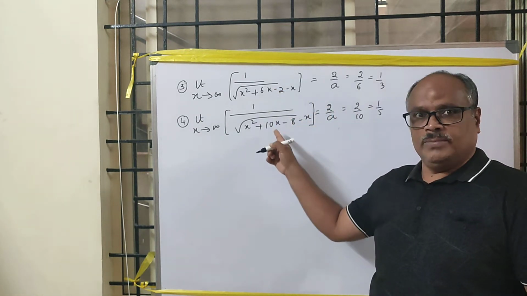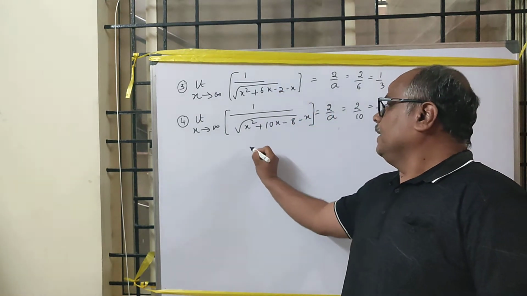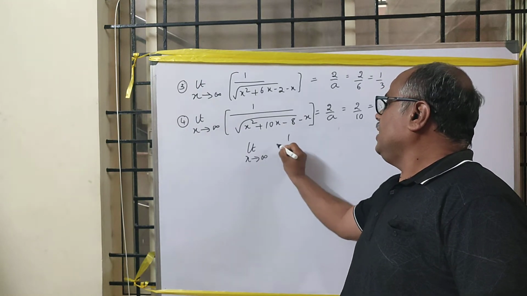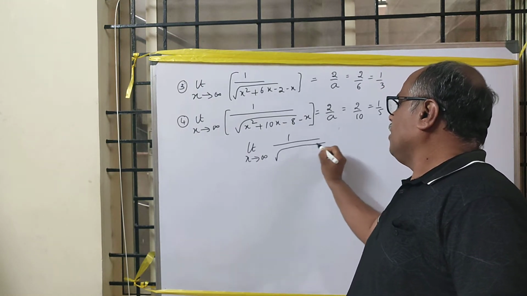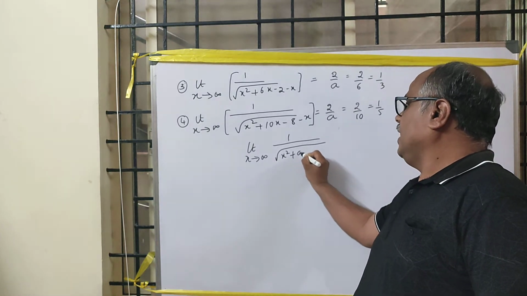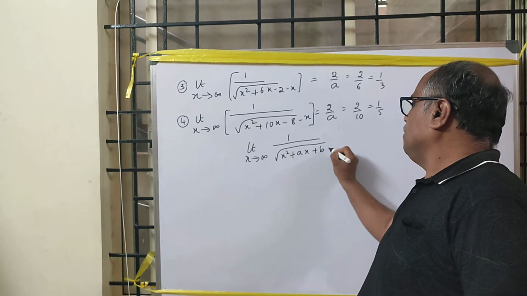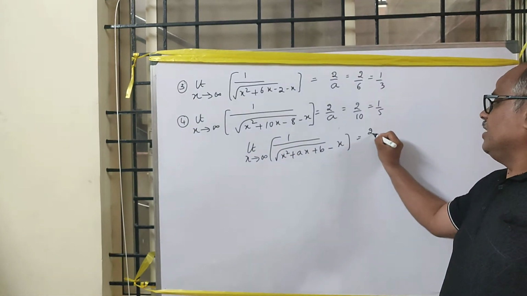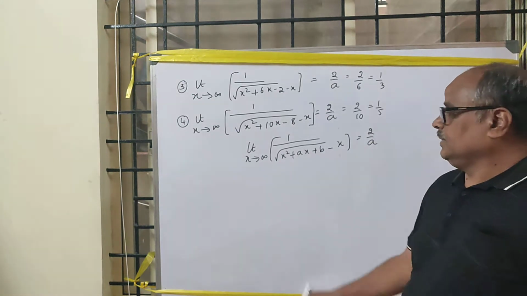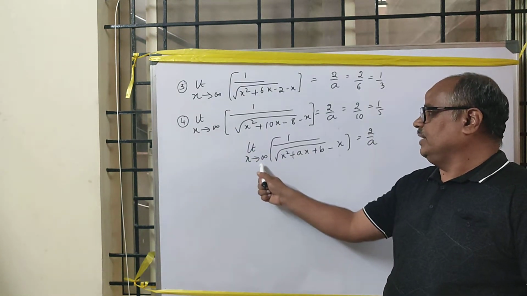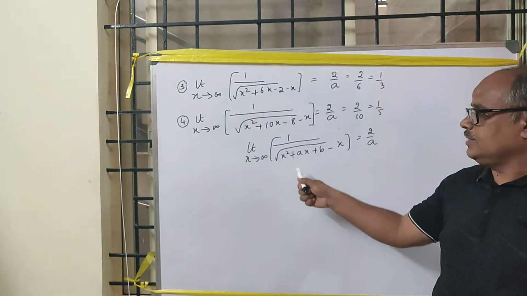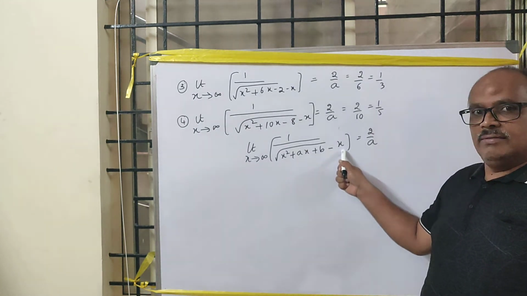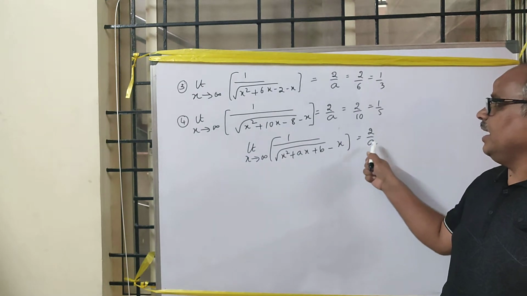These two problems are in the form of limit x tends to infinity, 1 divided by square root of x square plus ax plus b minus x. That one says 2 divided by a. We will get the answer 2 by a.